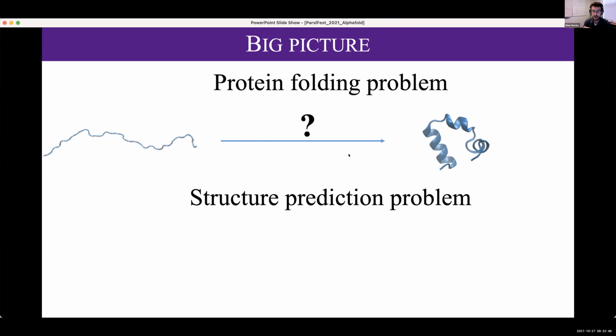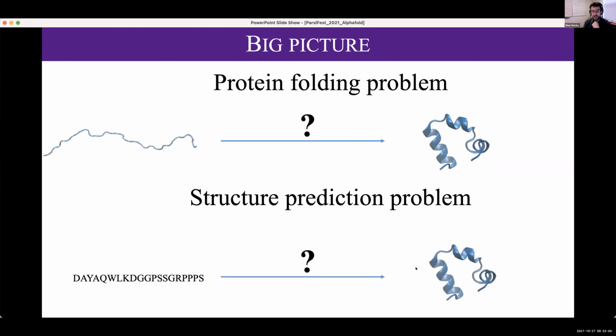There's a separate problem called the structure prediction problem. A lot of people say, when they say they've solved structure prediction, they're saying they solved protein folding, but it's not necessarily true. The question here is to take a one-dimensional string that describes this polymer and predict what it would fold into without any care for how it turns into that shape.